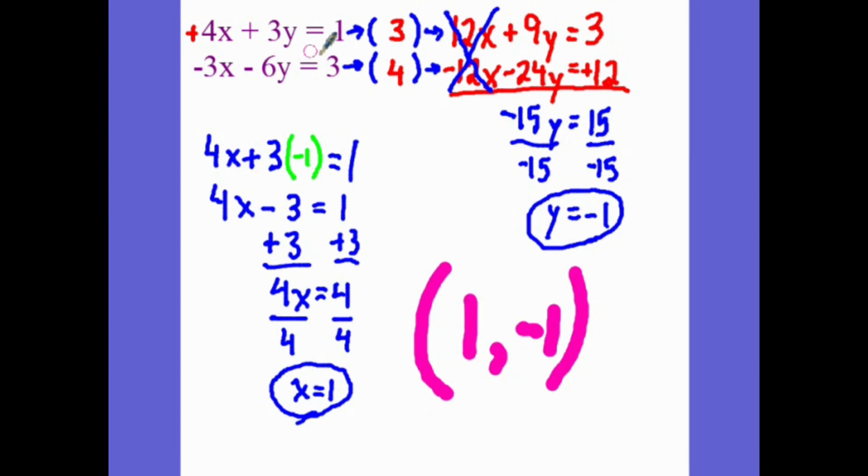So I could have multiplied the top line by 2, and that would have given me a positive 6 here, which would have canceled or eliminated the y's. I could have multiplied the top line by 2 and the bottom line by 1. This would give me smaller numbers to work with instead of that huge 15.